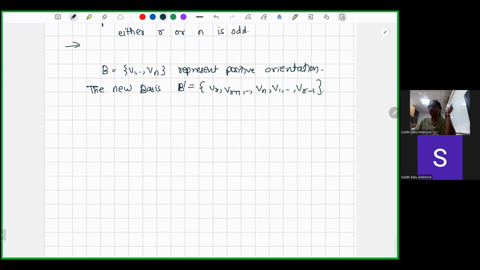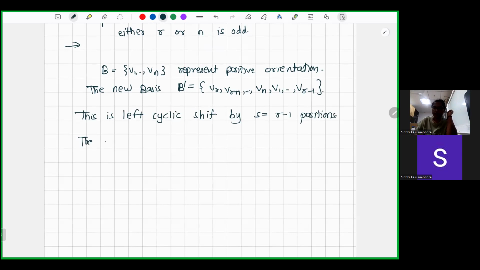This is a left cyclic shift, because everything is shifting to the left as a whole by s equal to r minus 1 positions.